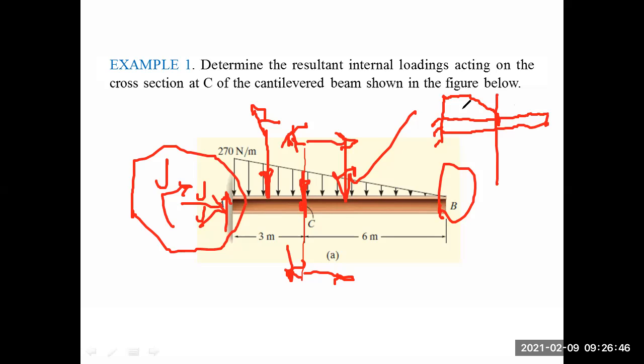It would be much easier than the other side, because you would have a combination of two forces: a uniformly distributed force in a rectangular shape, plus a triangular force. So it becomes really complicated to take the left side.